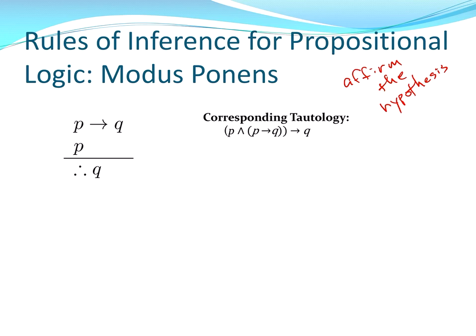Basically, it means that if P implies Q is true and P is true, then Q must be true. It makes sense because P implies Q is an implication. If P is true and the implication is true, Q must be true. There's the corresponding tautology, and you can do the truth table on that. You will see that it is always true. You can do that for all of these tautologies.